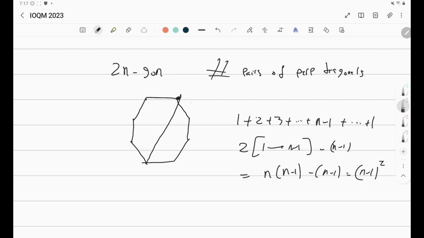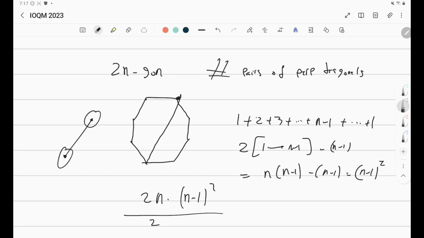Okay, nice. But now we just counted this. Now of course we have 2n points, so we need to multiply this by 2: 2n times n minus 1 squared. But now you need to think about whether we need to divide by something, because each diagonal we counted from here and here, so we need to divide by 2.